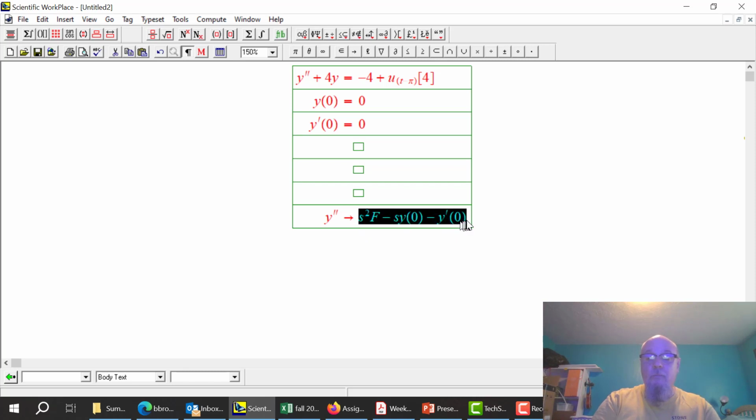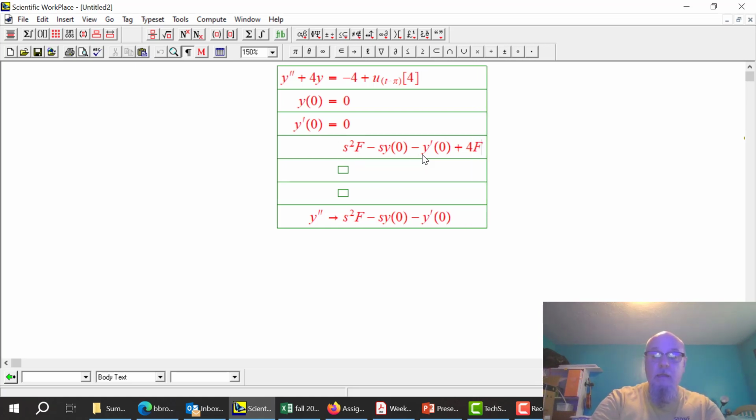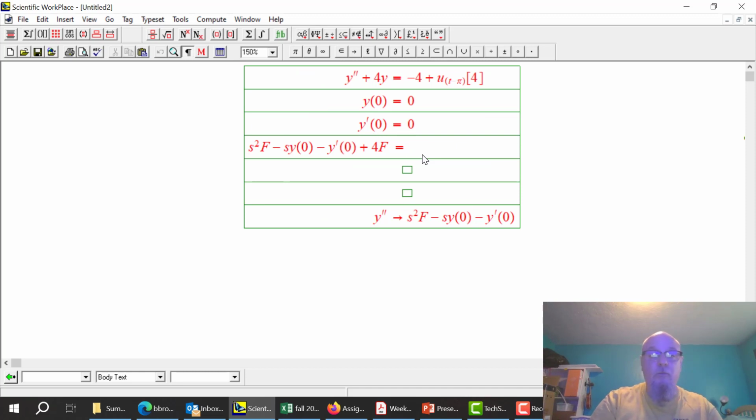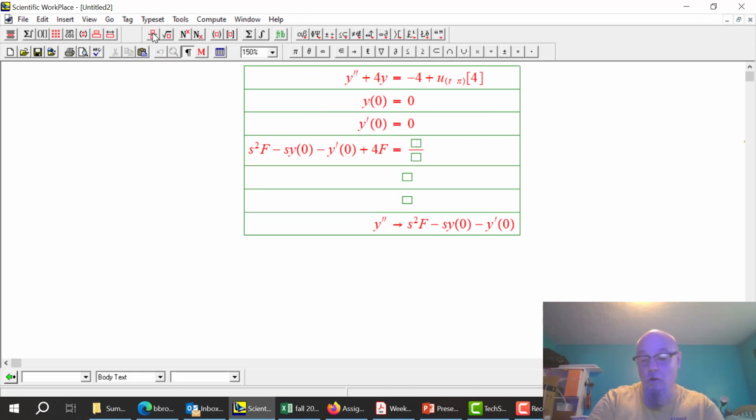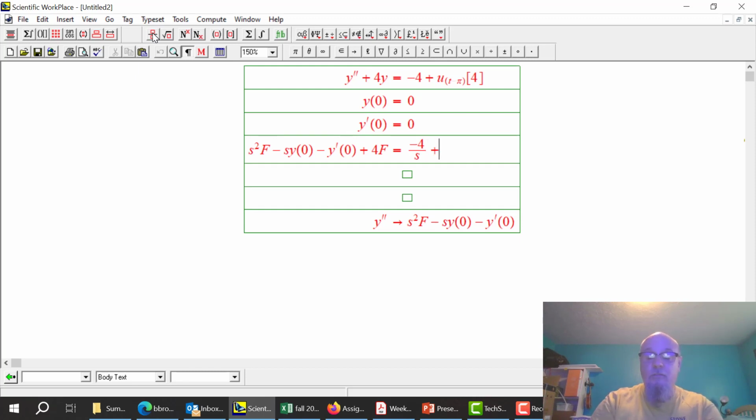So here's my transform of y prime prime plus 4 times the transform of y equals the transform of -4, a constant, which is -4 over s, plus the Heaviside step function at pi seconds, which is e to the minus pi s.